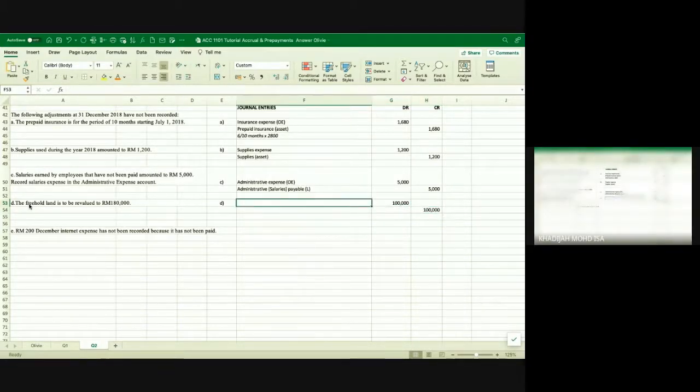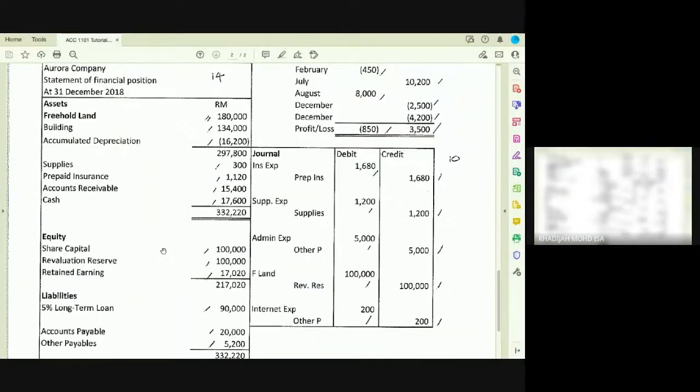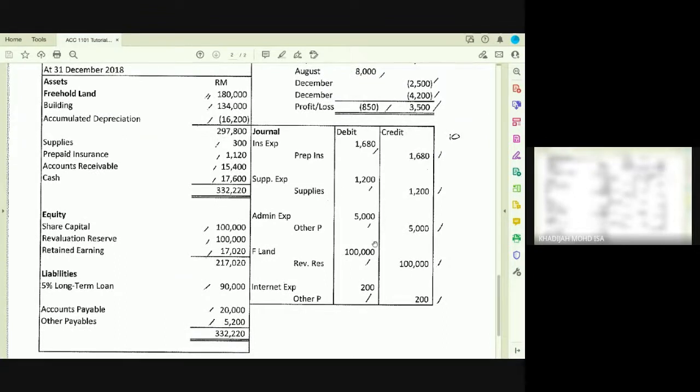But which account is to be credited and which account is to be debited? Which one do you think? I think that one is revaluation, right? Revaluation of land. So revaluation is part of a share capital. All right, this one is advanced a bit. I look at the answer first. So you have land and then revaluation reserve.